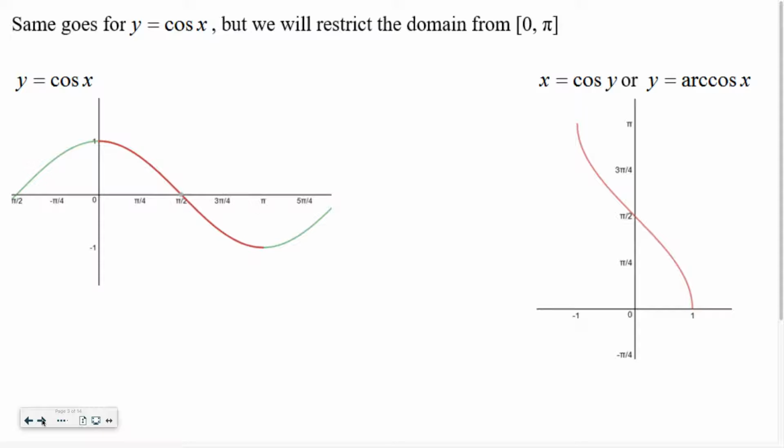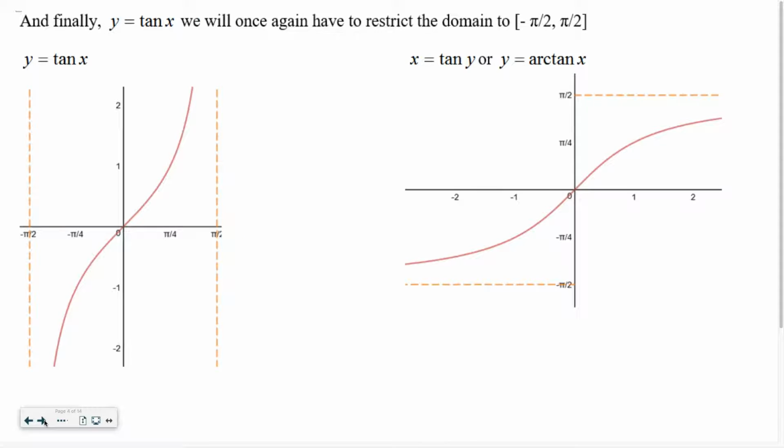And then the same thing with tangent of x. We know that the tangent of x repeats over and over again. And so if you have more than one of those tangent snakes, as I'll call it, it wouldn't pass the horizontal line test. But if we just pick the one that goes through the origin and we flip it across y equals x, we get this graph right here.